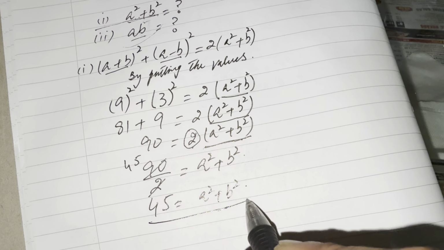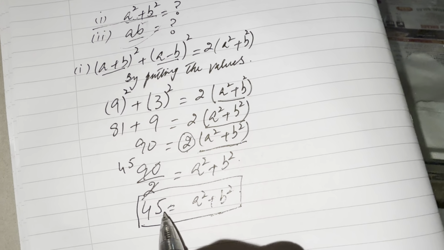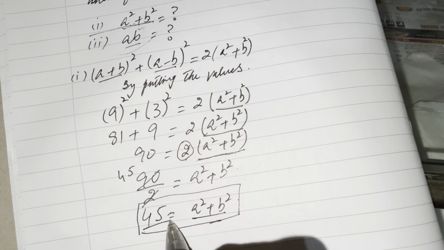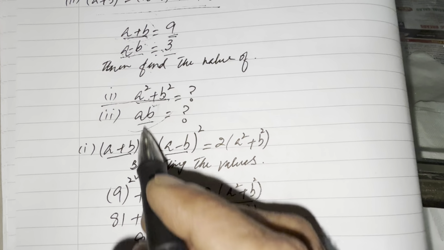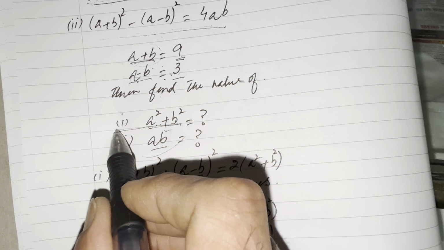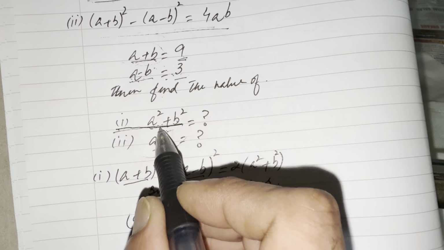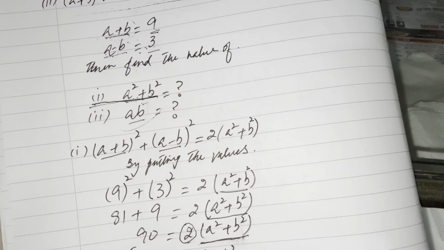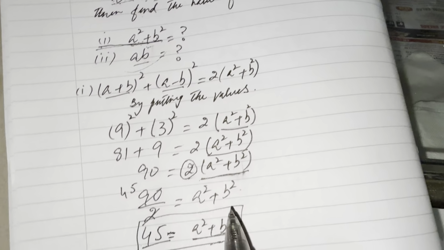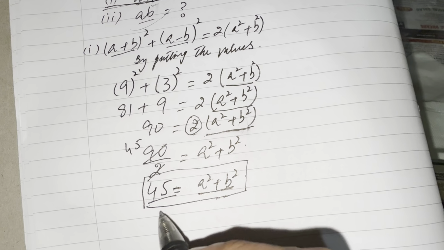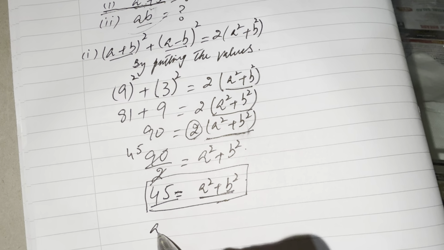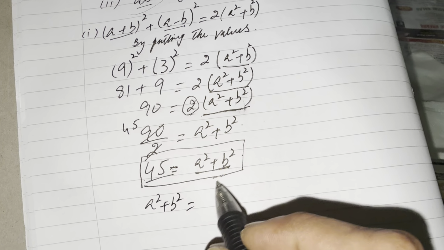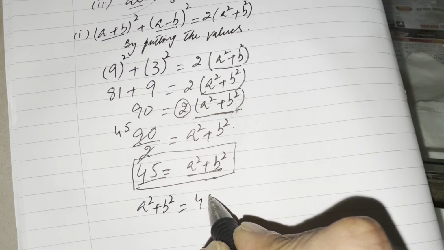So if you see, you have found the value of a square plus b square is equal to 45. That was the thing that we had to find in our first question, a square plus b square. So 45 is equal to a square plus b square, or we can write that a square plus b square is equal to 45.